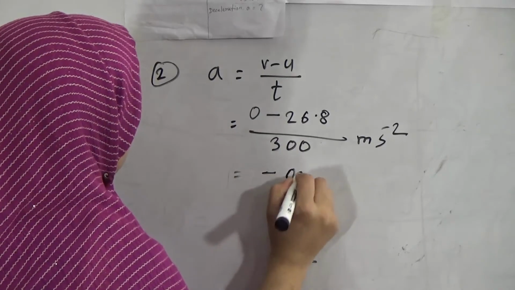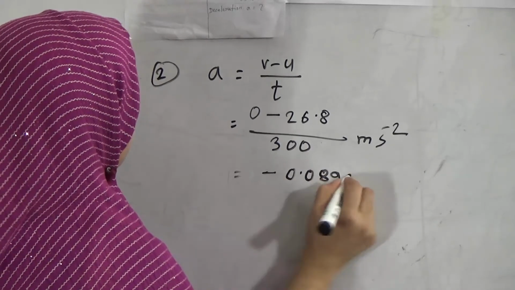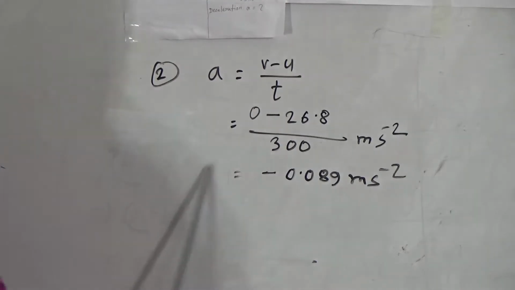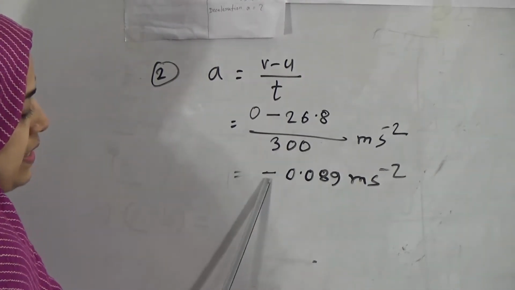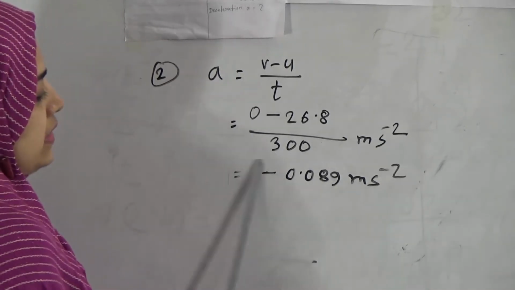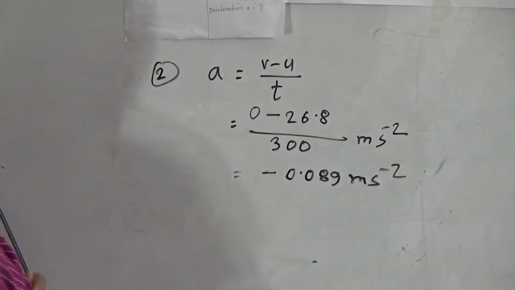By calculation we find 0.089 meter per second squared. This is the deceleration, that means it is negative; it is also called negative acceleration. This is the answer.